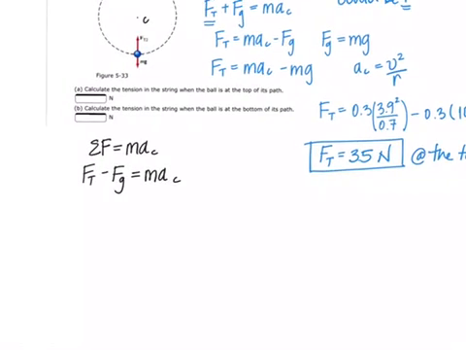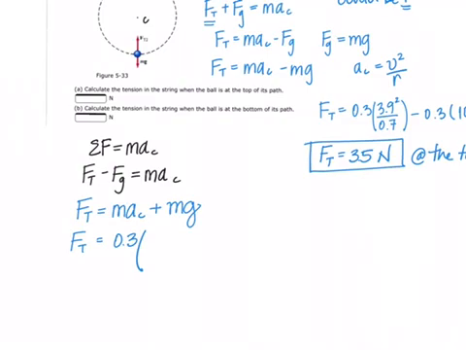So now, if I'm looking for the tension, I can rearrange and say that the tension force is equal to MA sub C plus mg. So then the force tension is equal to 0.3 for the mass.